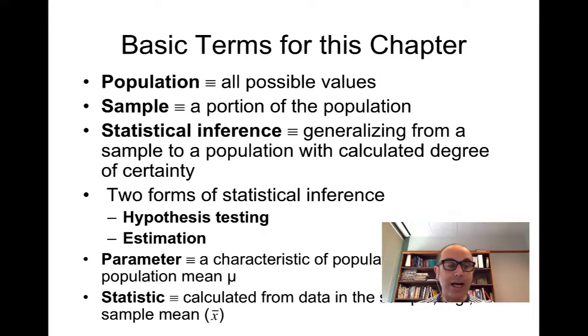I would like to start with basic terminology that I did not do last time. We are talking about two types of studies here. One is the population, which is all possible values from data, in comparison to a sample, which is a proportion of the population.